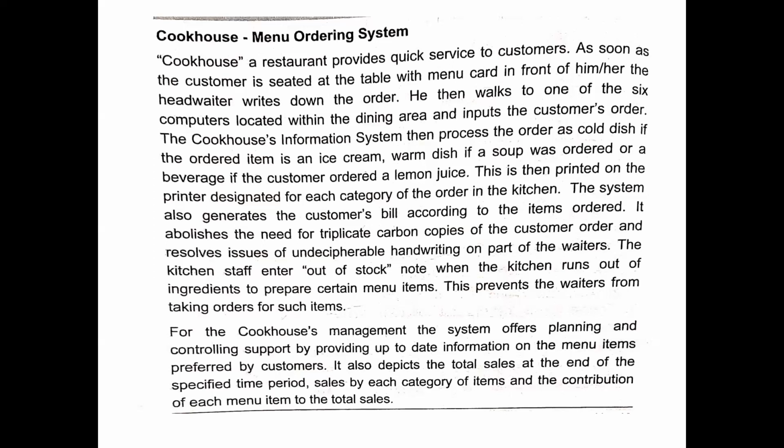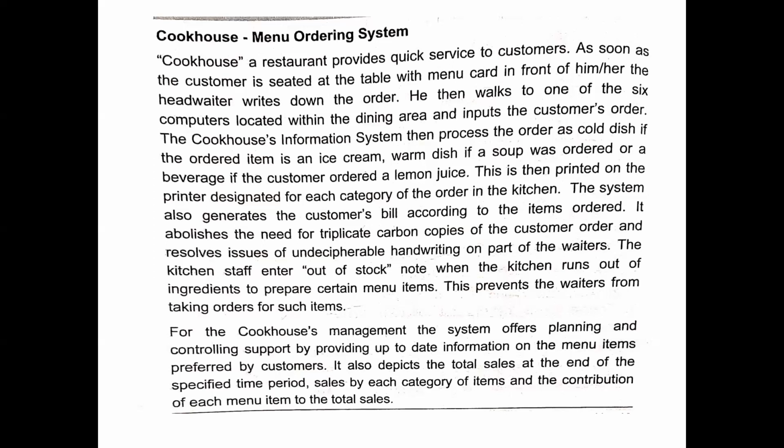So the information system is designed in such a way that it automatically categorizes the order as soon as the input is fed. As we feed it in, it will categorize whether it is a warm dish, cold dish or hot dish. So according to that, it can categorize the order.